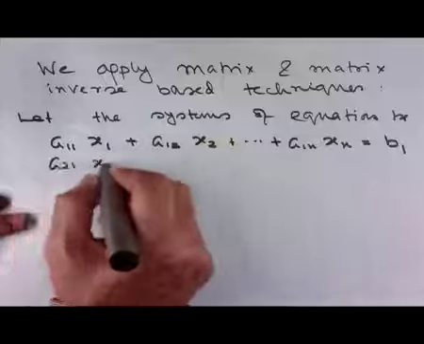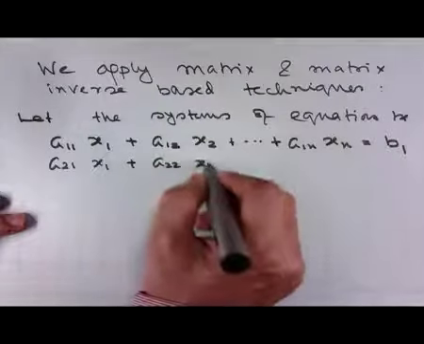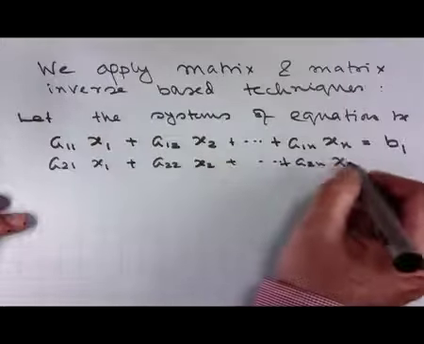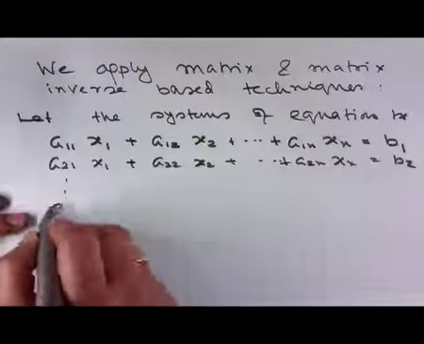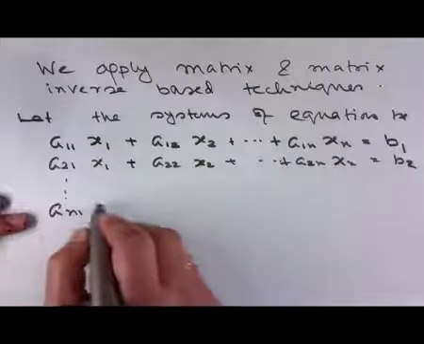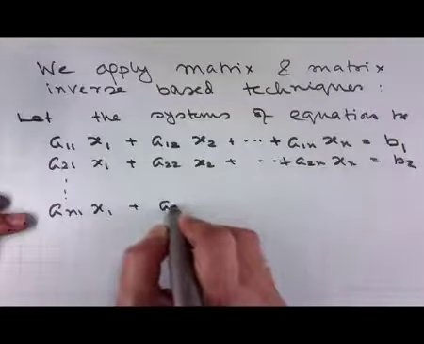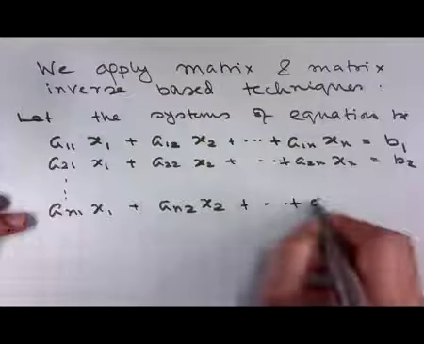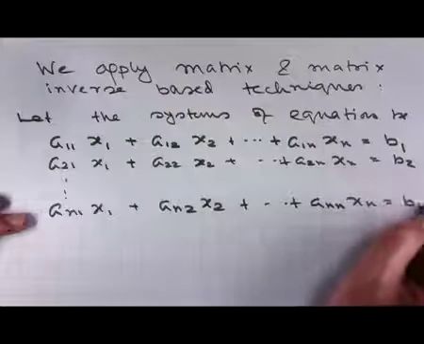A21 times x1 plus A22 times x2 plus A2n times xn is equal to B2, and like that An1 times x1 plus An2 times x2 plus Ann times xn is equal to Bn.